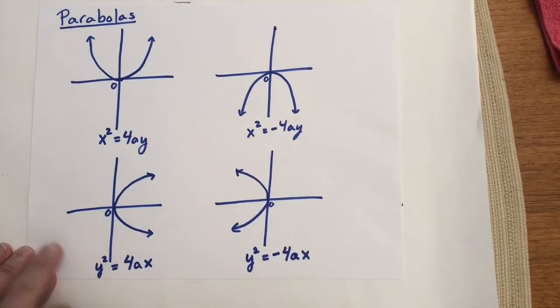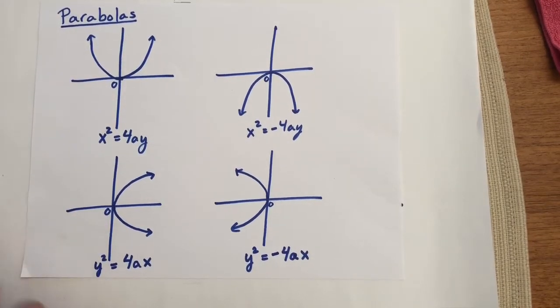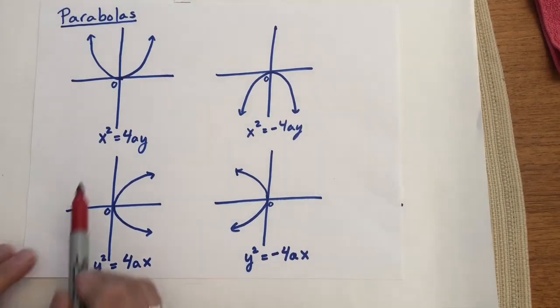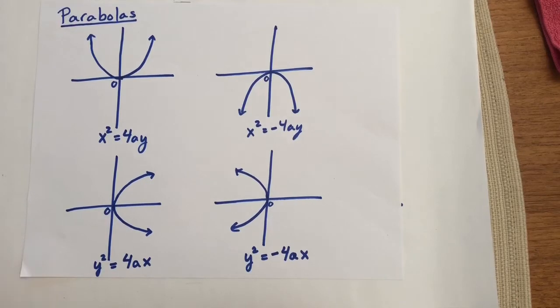These parabolas are all sitting with the vertex at (0, 0). Remember that the equations will look like this, and the focus for each of them is always inside the parabola.